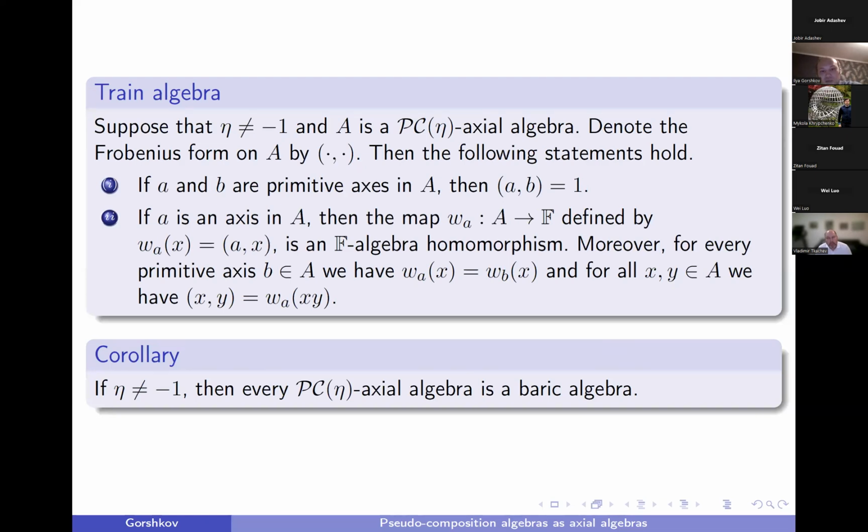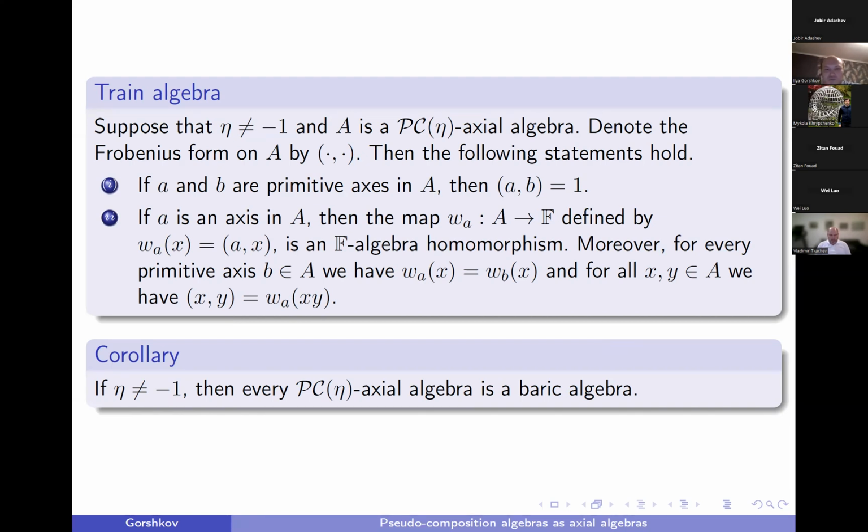And we can define a weight function which depends on axis A. This weight function is a function from A to our field F. I'm sorry, I forgot to say that everywhere we mean that F has characteristic not 2 and not 3.